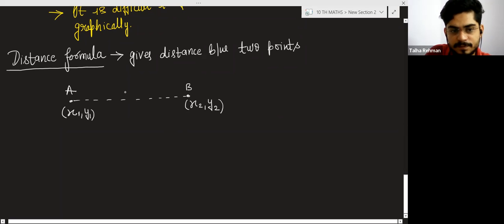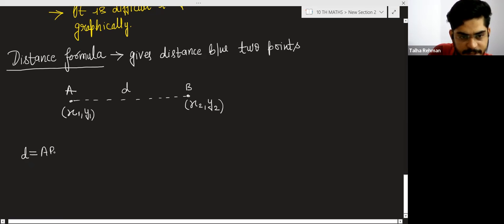D is the distance between 2 points. So we can calculate D, or you can say AB, the distance between points A and B.